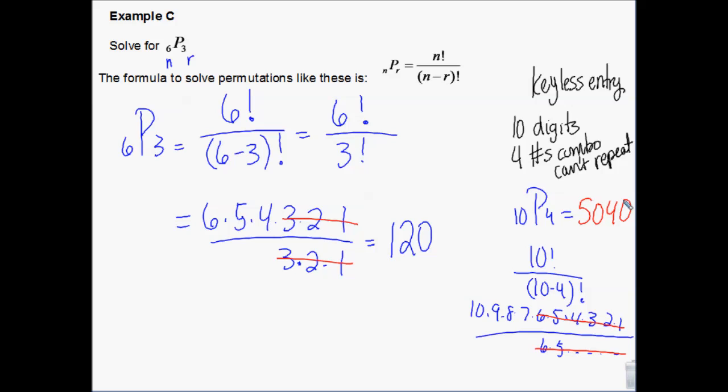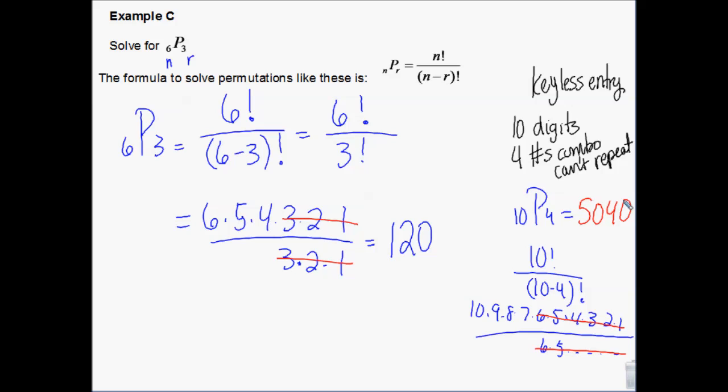A, B, and C would be on the same button, so it would count as 1. But there are 5,040 possible 4-digit combinations where you don't use the same number twice. If somebody's trying to break into your house, I'm thinking somebody's going to come along before they get through all 5,040 possible combinations. That's going to take too long. So that's why those things are secure.